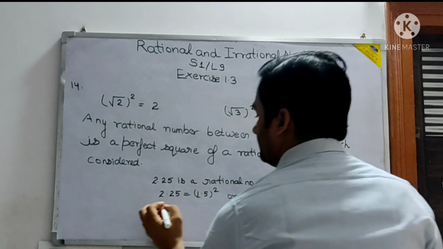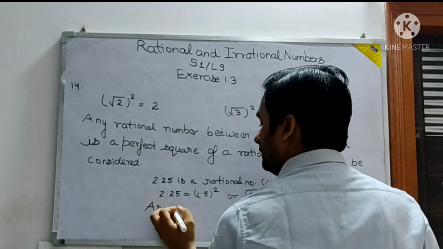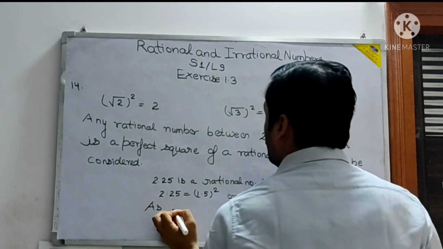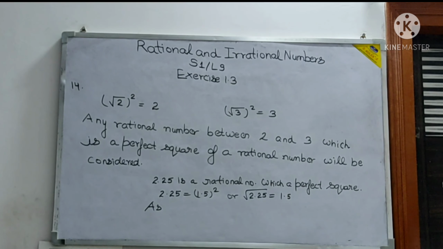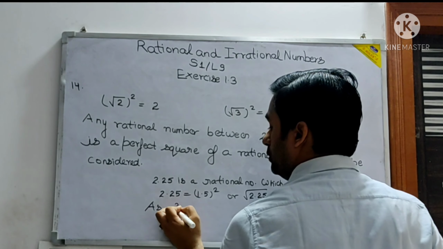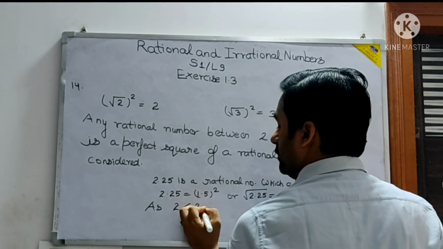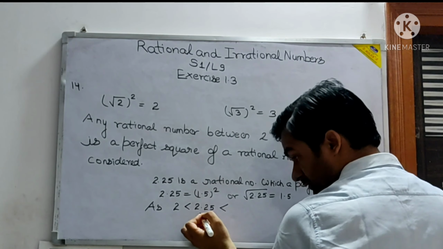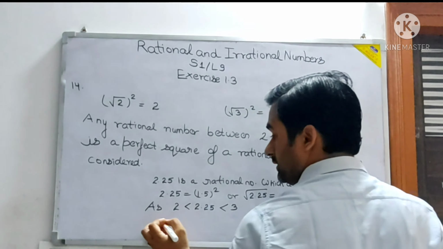Now 2.25 is more than 2, but 2.25 is lesser than 3.